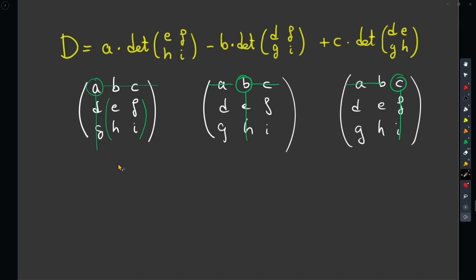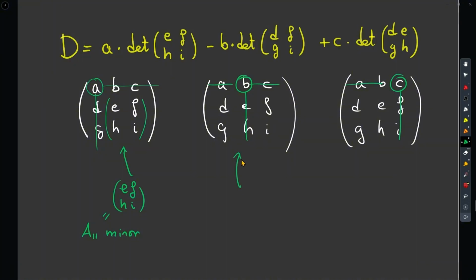So the matrix that appears here, E, F, H, I, is called the A11 minor of the matrix, and it's the matrix that I get when I cancel out the row and column where the coefficient A11 is.